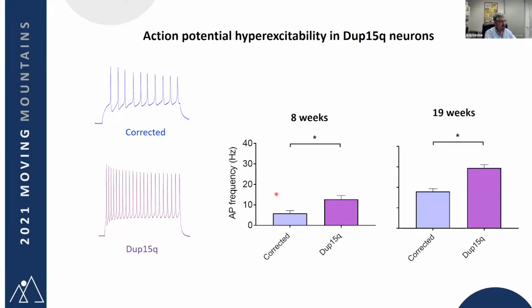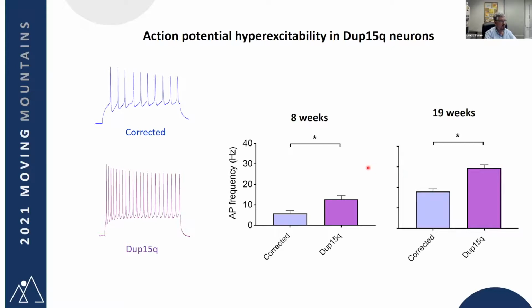And again, the same thing. So at early stages of development, the Dup neurons are firing at a significantly higher frequency than the corrected neurons. Over time, the corrected neurons do mature and they fire higher levels at 19 weeks, but the Dup neurons are still hyperexcitable. They're still firing at an even greater level than the corrected neurons.